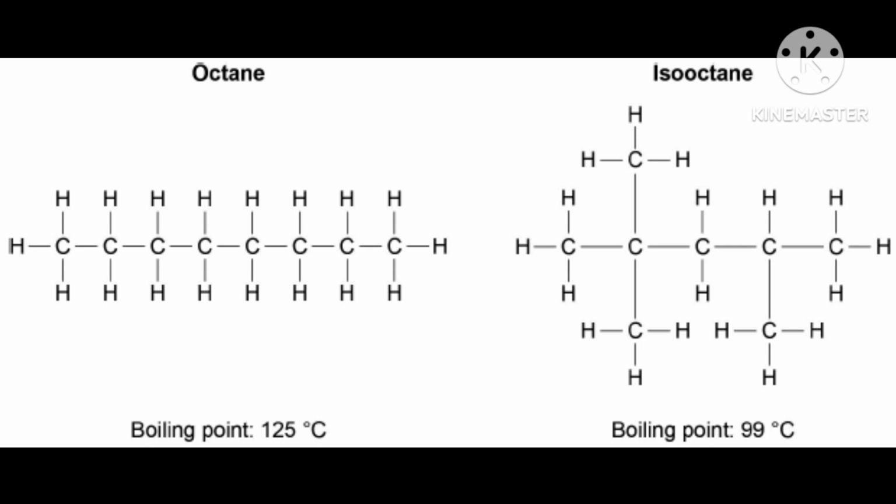A straight chain is greater than branched chain, and branched chain is greater than cycloalkanes, the cyclic form, and cycloalkanes are greater than alkenes. Cycloalkanes will knock more than alkenes, with double bond, and alkenes will knock more than aromatic hydrocarbons. And aromatic hydrocarbons will knock more than alkanes, single bond.